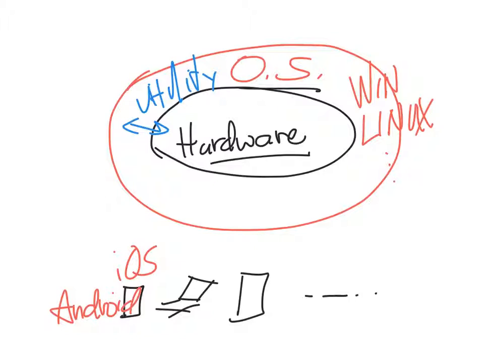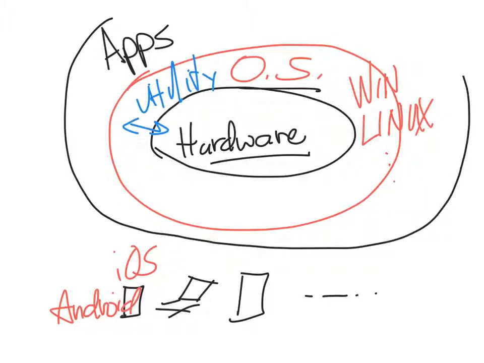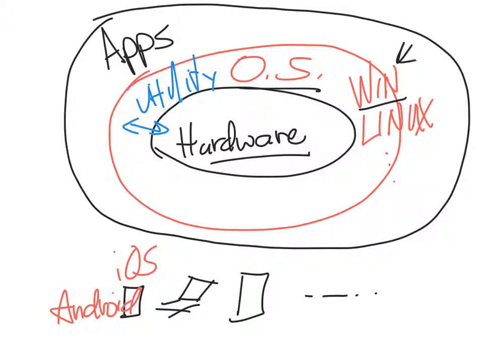And then to finish it up, outside here, in order to access this, we have apps, we have applications. And the applications then must work through the OS. So if your OS is Windows, then you have to have applications that run on Windows, whatever version and so forth. And then using the application is the user. That's it.